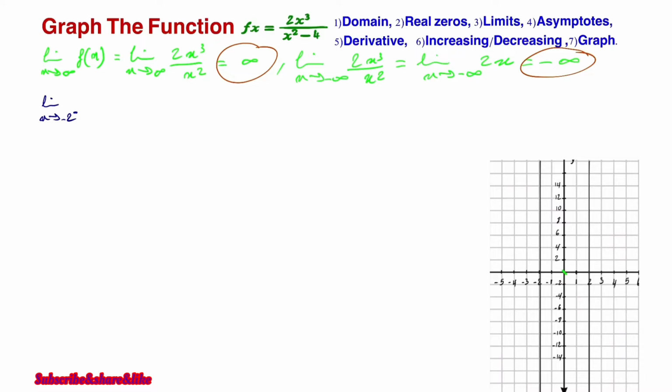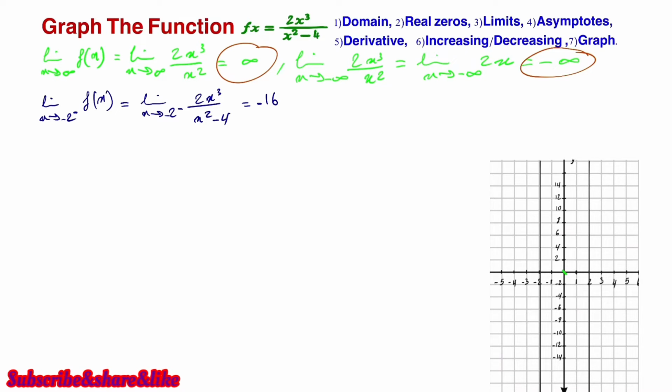So we have the limit as x goes to negative 2 from the left of x to the third over x squared minus 4. Here we have 2 to the third, just 8, 16, but it's minus 16, over this number here.